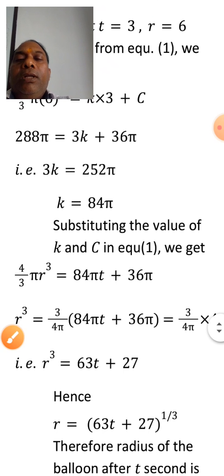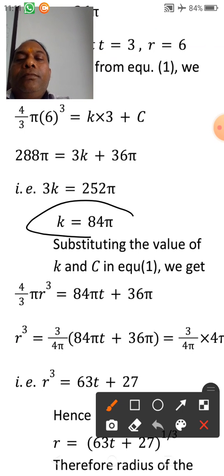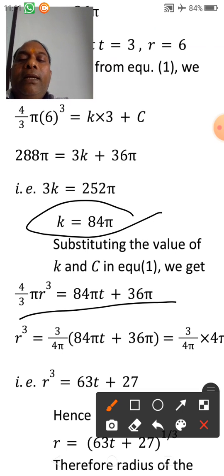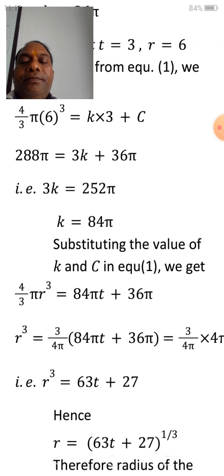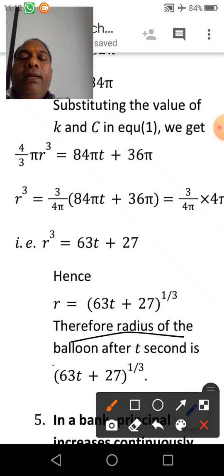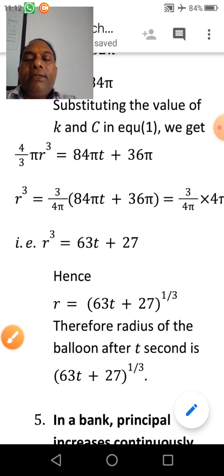The value of k is 84 pi. Now substituting the values of k and c in equation 1, then we have the solution. So therefore, the radius of the balloon after t seconds will be (63t plus 27) to the power 1 by 3 is the answer. Clear, students?